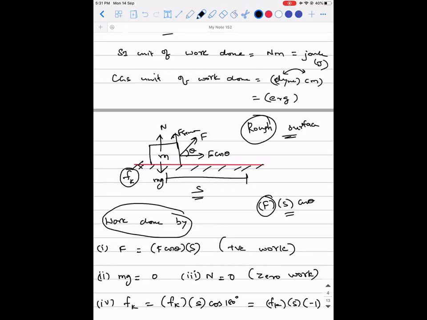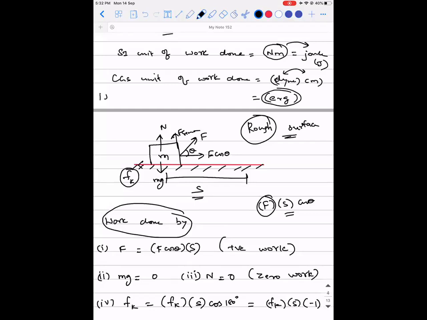I hope it is clear till this point. These are all very important points, guys. Please make a note. Just like Newton meter is called joule in the context of work done, dyne centimeter in the CGS unit is called erg. 1 joule is 10 power 7 erg.